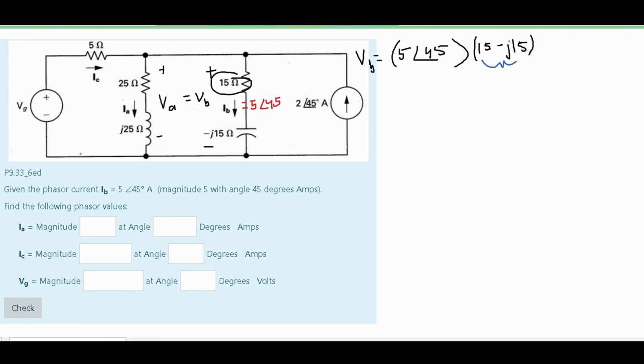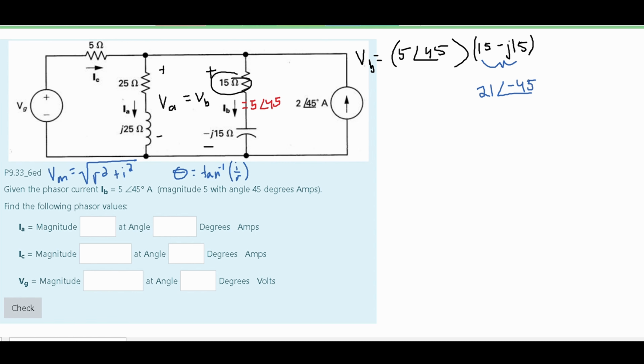So to do this, we are going to use a Vmax and set this equal to the square root of our real number squared plus our imaginary number squared. That's going to give us our Vmax. To find our angle, we're going to set theta equal to the tangent inverse of I over R. And if we do this, we are going to get approximately 21 with an angle of -45 degrees.